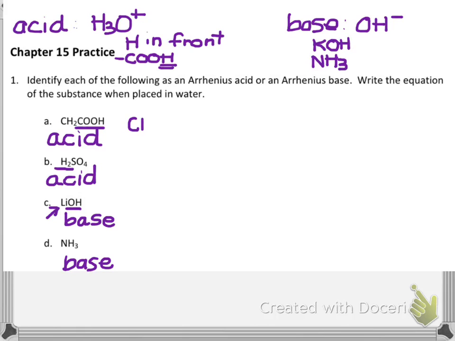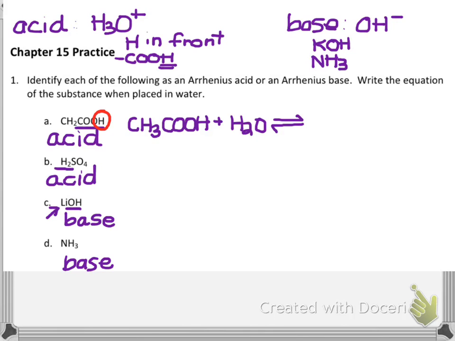So an acid, here's my acid, is going to donate a proton. Now in the carboxylic acids, it's this proton right here that's going to be donated. So you take the acid, you add it to water. This reaction happens to be a reversible reaction because it's a weak acid.